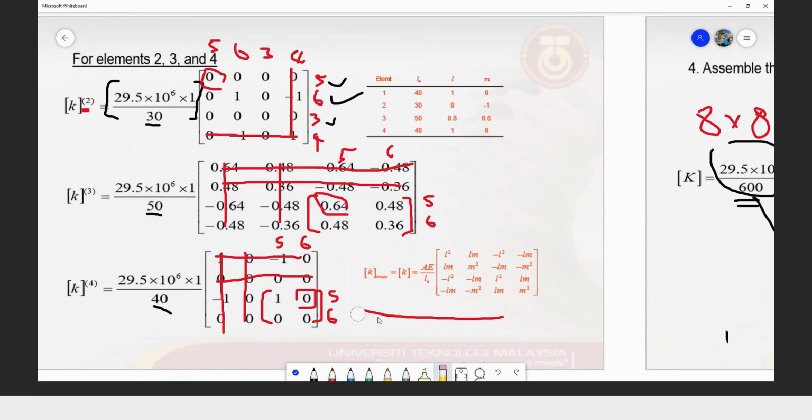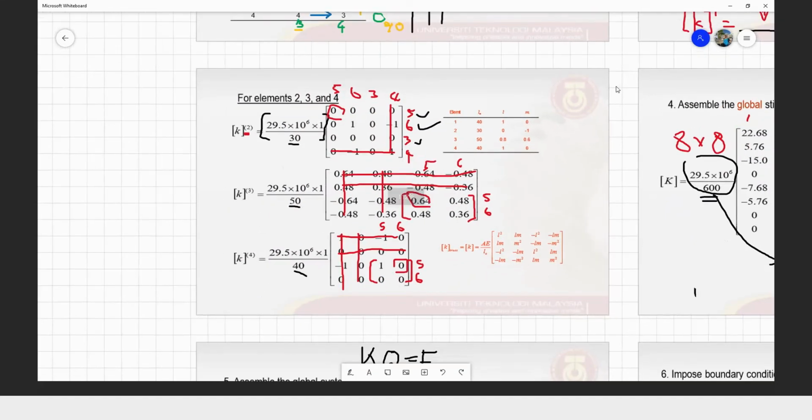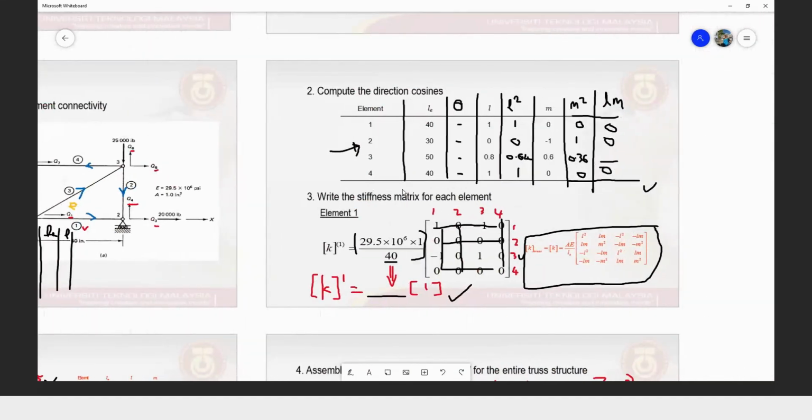Dia still main macam gitu je. L square, M square, and LM. Cuma untuk elemen number 2, kita kena tengok elemen number 2 L square kita apa. Okay, this is our element number 2. Apa dia punya L square dia adalah kosong.